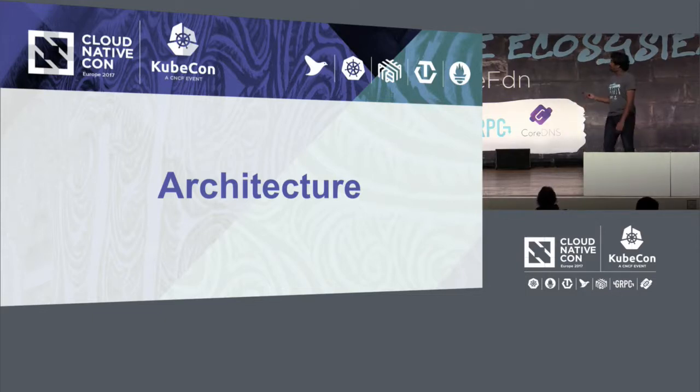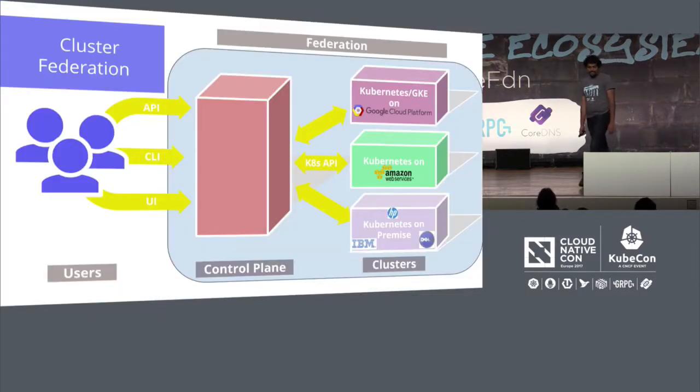So to go deeper into the architecture, this is a 30,000-foot view of how a cluster federation setup looks. You see there are users on the right, and there's the federation control plane, which is talking to your multiple clusters. There are various ways users can talk to the federation control plane. They can use the REST API, the kubectl command line interface, or the UI. And you'll see those are similar to how you would talk to a Kubernetes control plane as well.